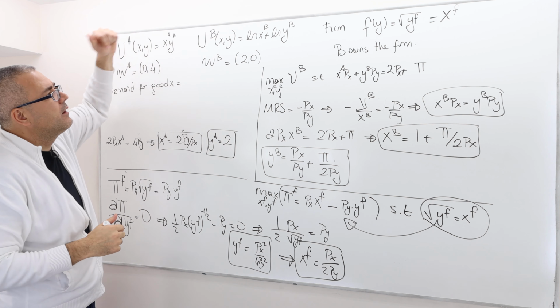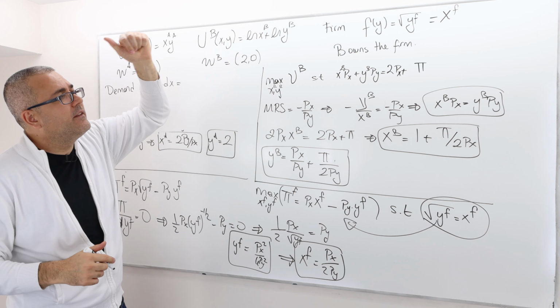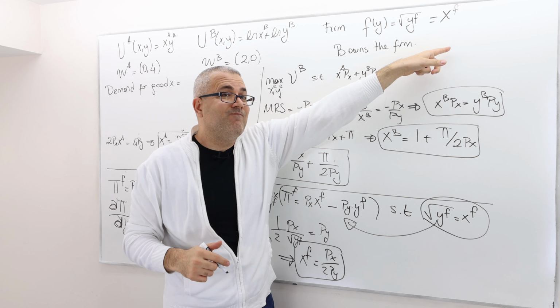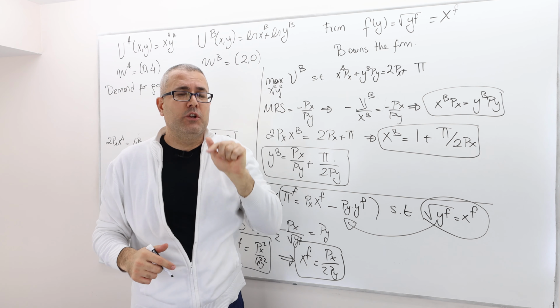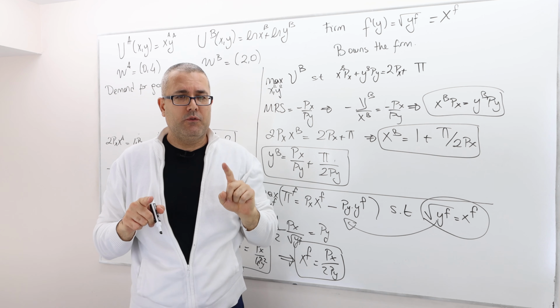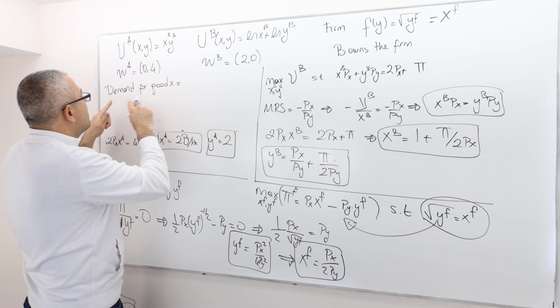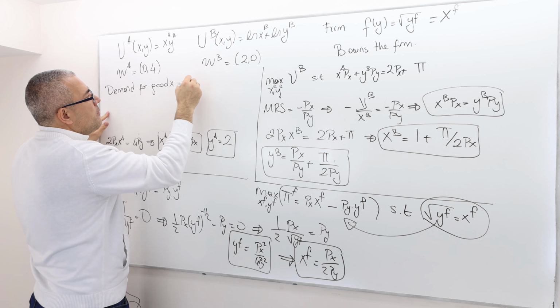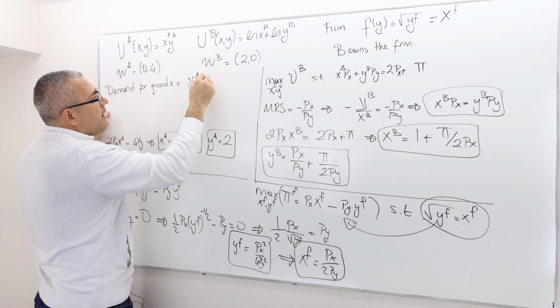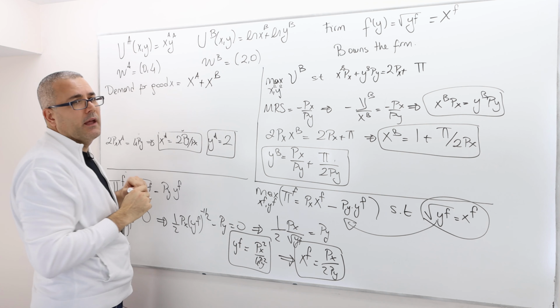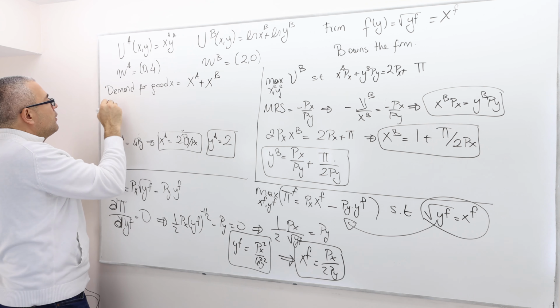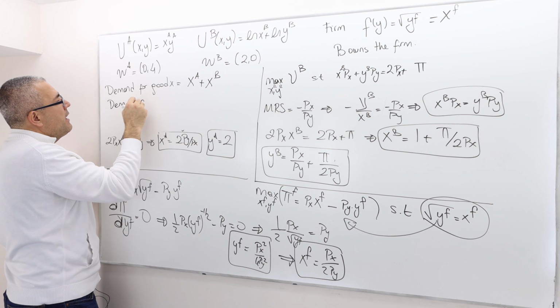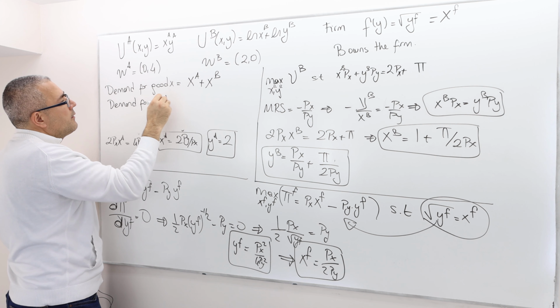Obviously Ali, Bob, and firm. Firm does not demand good X because good X is not an input. So therefore, the demand for good X is going to be Ali's demand and Bob's demand.